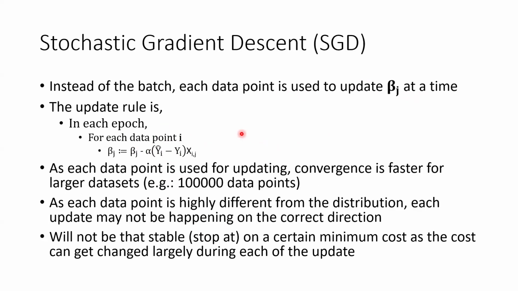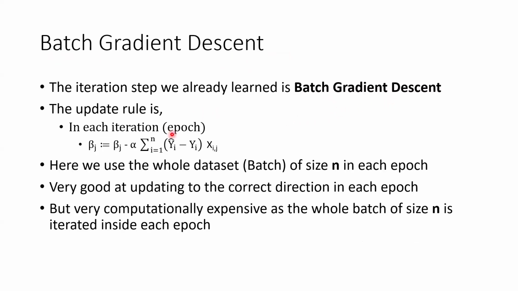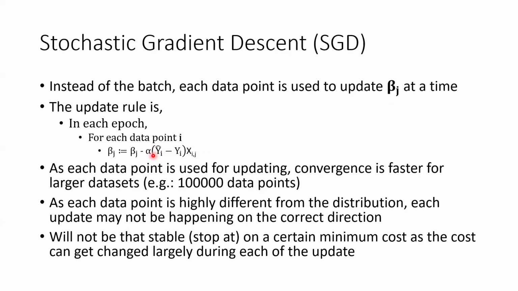So instead of that, there's another form of gradient descent, which is known as stochastic gradient descent. Right? In this case, instead of adding these errors multiplied by the x variable for all the data points, we take each data point and then we update the beta values for each of the data points, right?